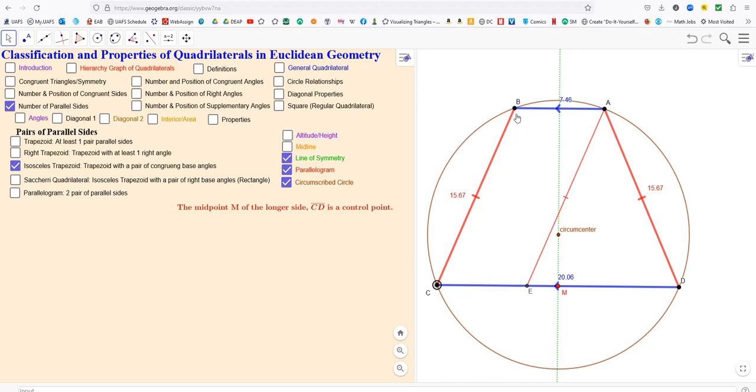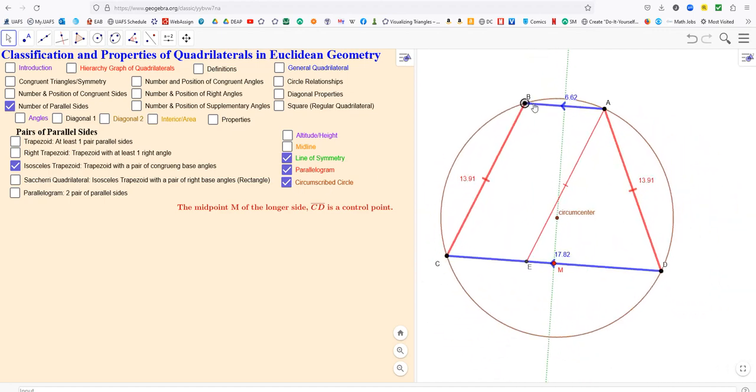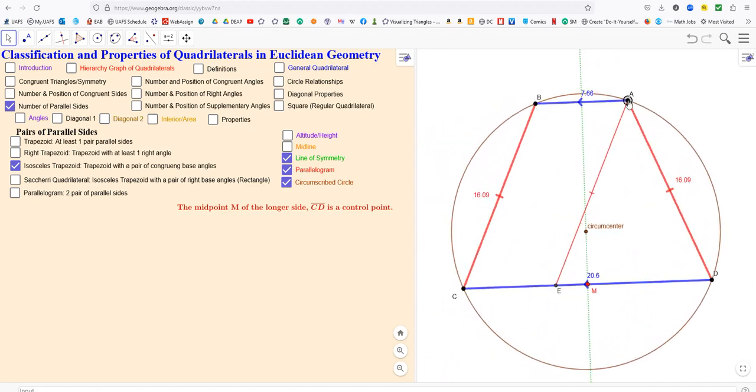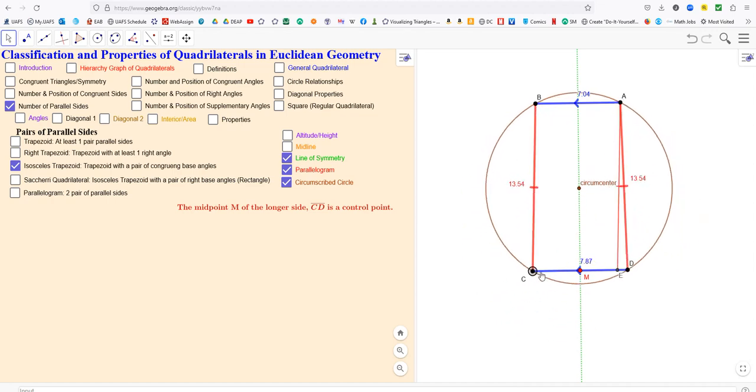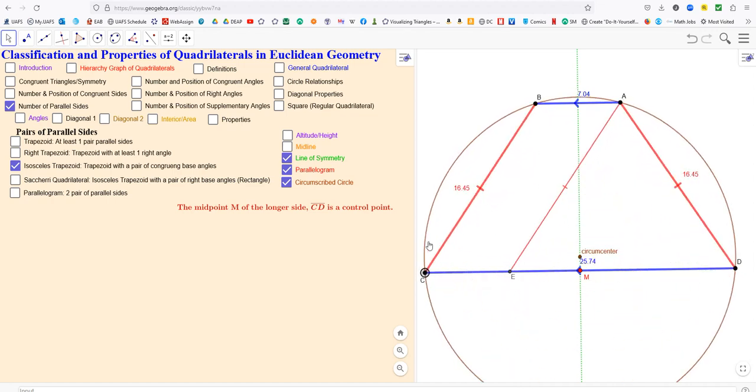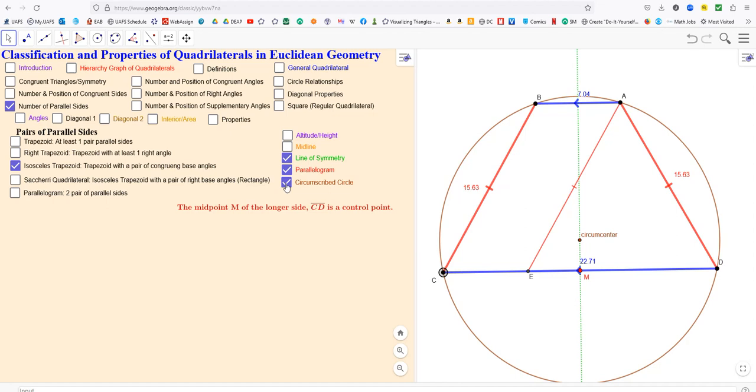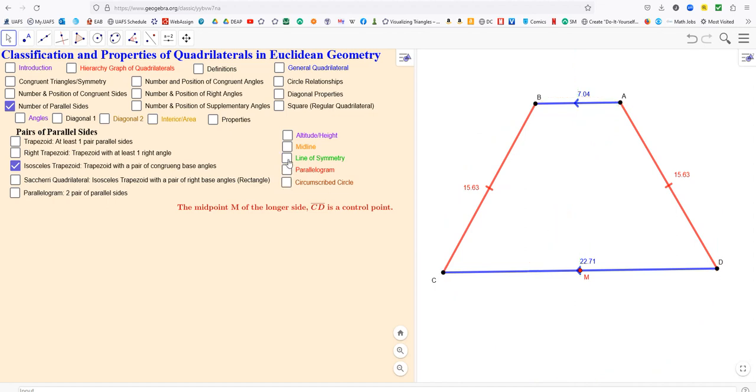This one is made so that it can't be broken into a non-quadrilateral, can't be non-simple, and it's also made in such a way that CD is always at least as long, if not longer, than AB. Which is not restricting it, it's just a way of labeling it so that you label it with the longest side there. All right, so that's the isosceles trapezoid theorem.